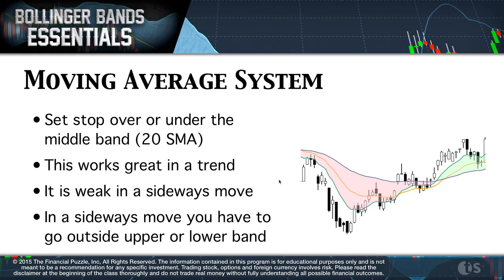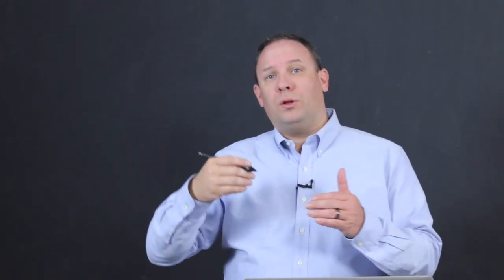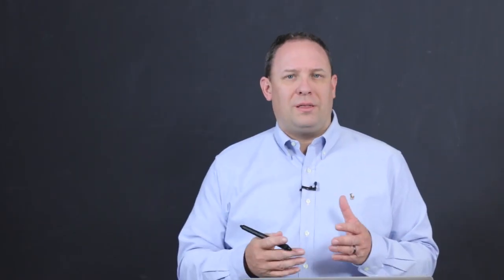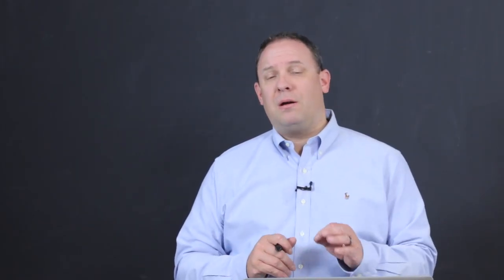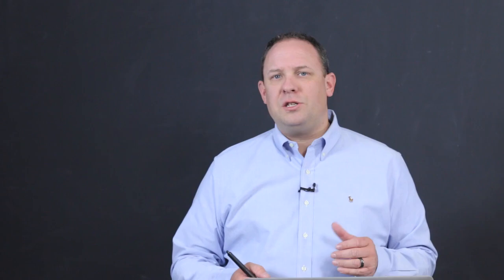So you either set the stop above the upper band if you're in a bearish trade, or below the lower band if you're in a bullish trade. It's a little more complicated. There's more to think about. That's why I personally think that inside the Bollinger system, a parabolic stop is really the ideal way to just have the computer say, this is where you should set your stop. You can write the trading script, write the blueprint, a lot easier that way. But the moving average system is a good way you can also do it.